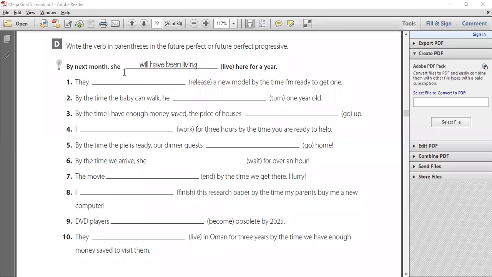Like here, by next month, she will have been living here for a year. So for a year, I'm focusing on duration. Yes, so you think? They will have released. Release. Yes, thank you.